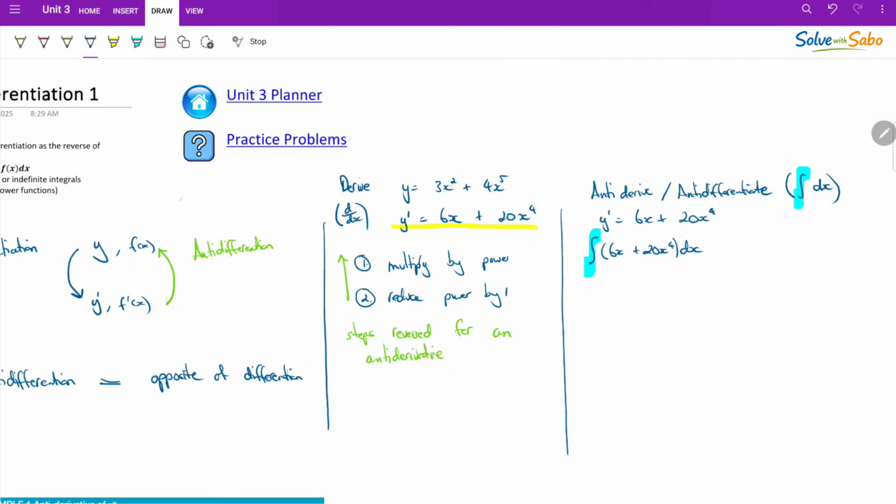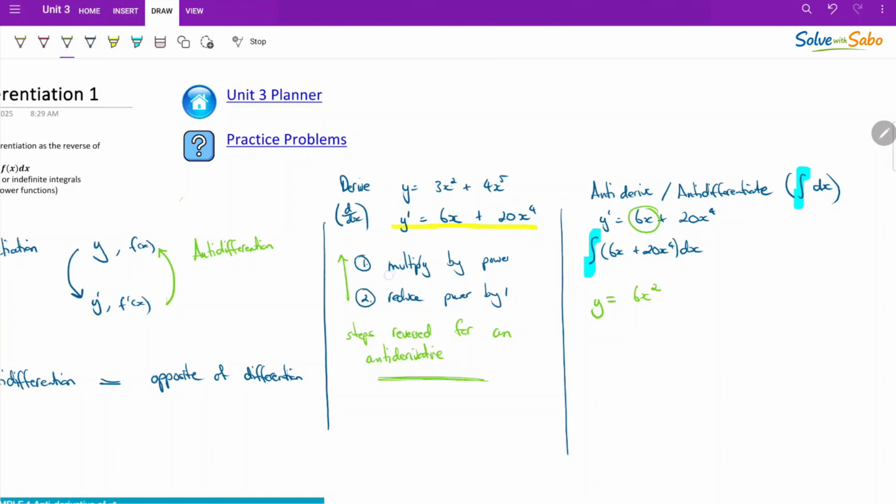So let's think about this process in reverse. As we said here, an antiderivative is just the reverse steps. So instead of multiply by my power and reduce my power by 1, I'm going to do the opposite for all of these pieces. So my new function, let's have a look. I'm going to increase power by 1. So I'm going to go to 6x to the 2.